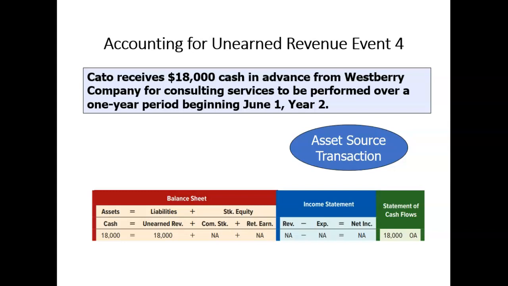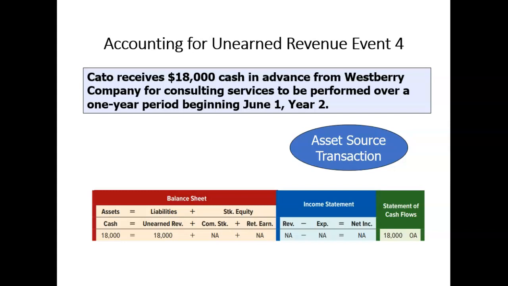So my question to the class, if someone pays you before you do the actual work, have you earned revenue? The answer is no, you haven't. That's known as unearned revenue, which is a liability because now you have an obligation to perform this service at some point in time in the future.